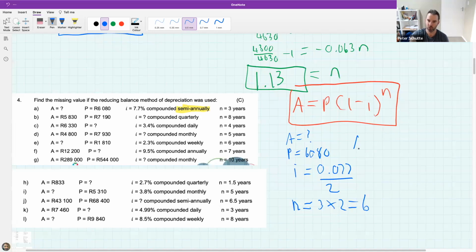So I want you to work out for me, what is the answer to A? How much does this thing depreciate to? If it started life as 6,080 rands worth of value, what is it going to be worth after these 3 years, or these 6 half years?